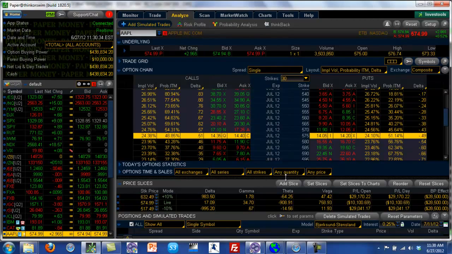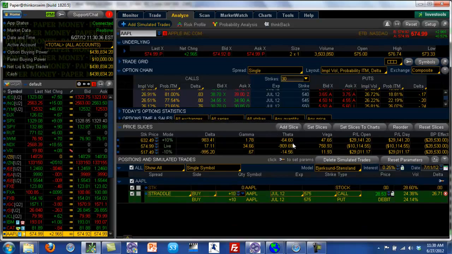So in a straddle, we are buying 10 contracts of the 575 call option, and we are buying 10 contracts of the 575 put. Now here you can see that you're buying two options. So you have a very serious time decay issue, because time decay is going to be working against you in this case.